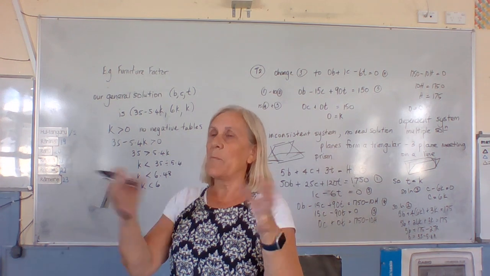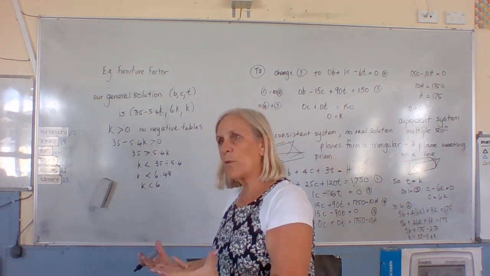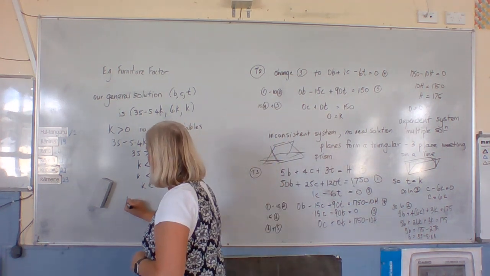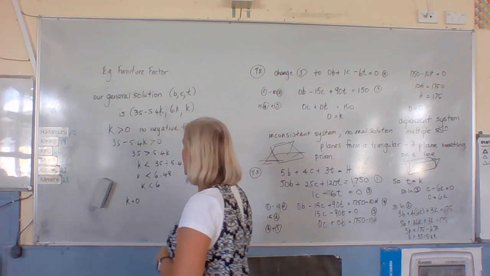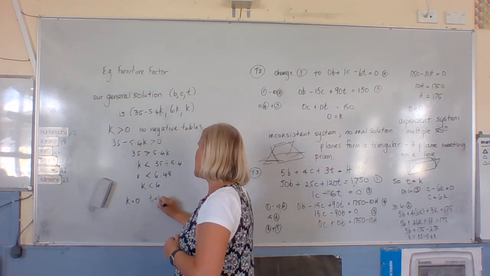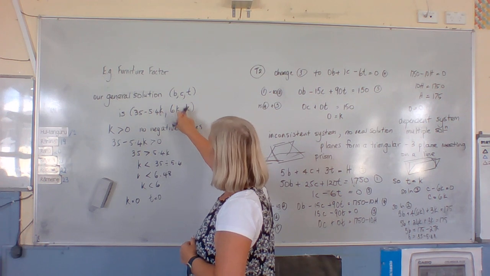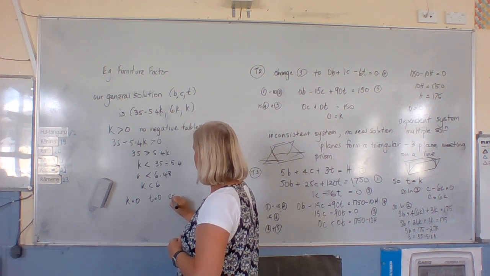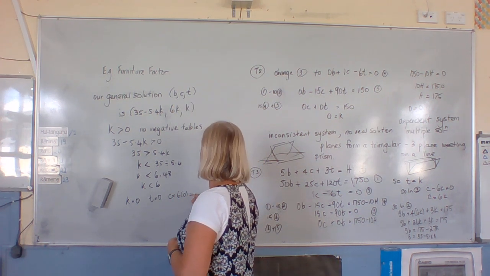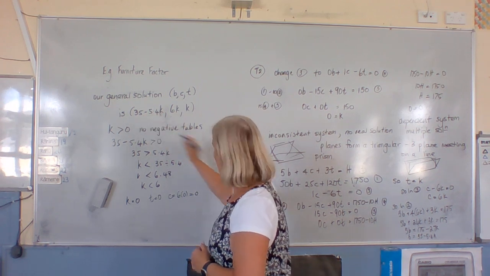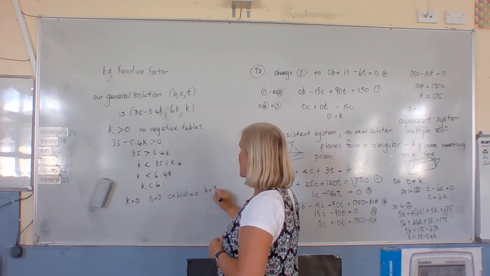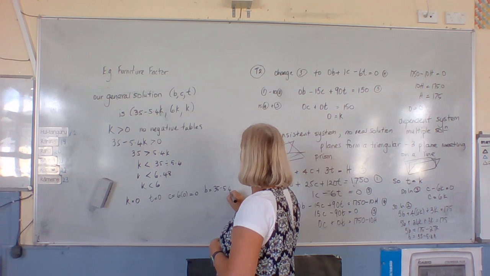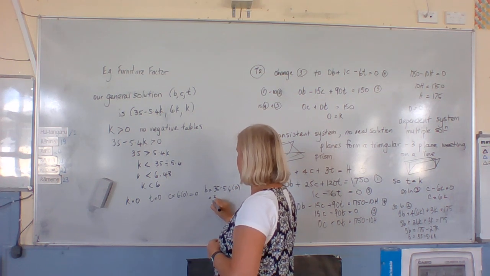Now, taking it back again to the fact that we have to have whole things, we try out K equals 0. If we have K equals 0, that means tables equals 0, chairs will equal 0, and bookcases will equal 35 minus 5.4 times 0, so 35.